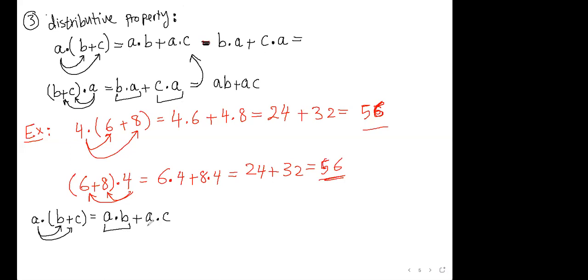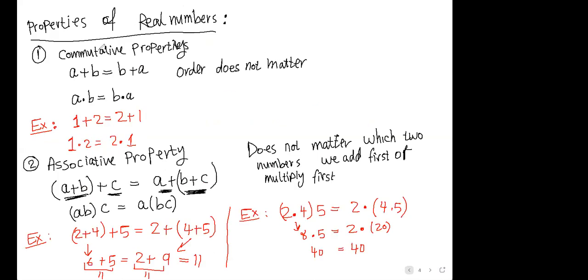Again, this is equal by using the first property, the commutative property. A times B is the same as B times A, exactly. Order does not matter.